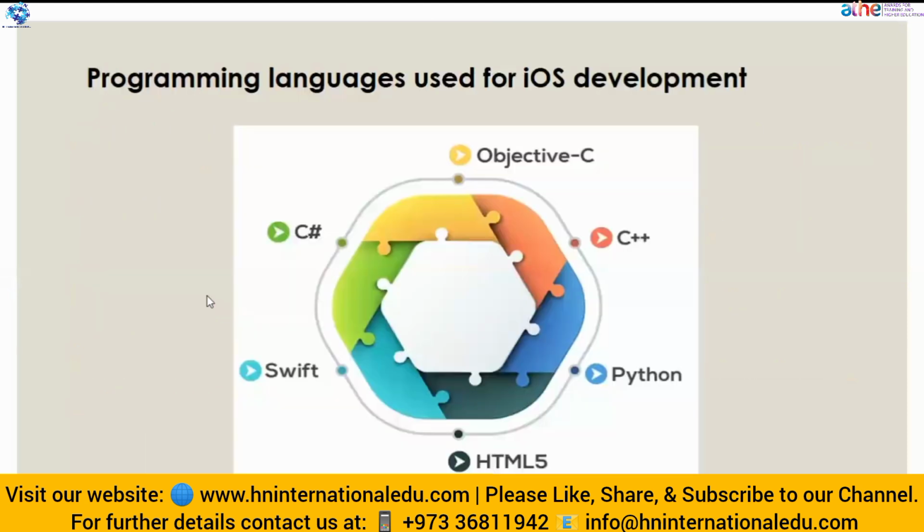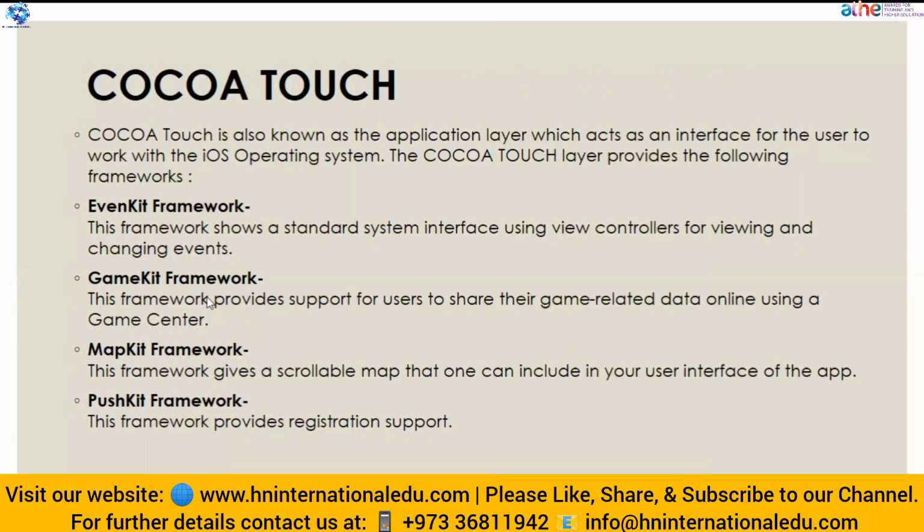Then the GameKit framework. This framework provides support for users to share their game-related data using Game Center. So when users are playing online games, whatever data they are sending that is required by those online games is handled by this GameKit framework. MapKit framework.